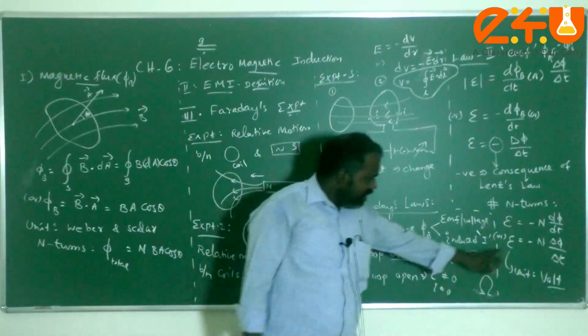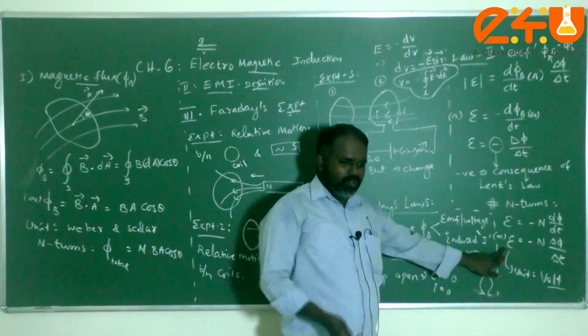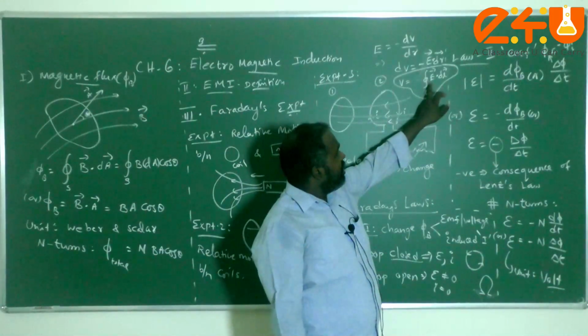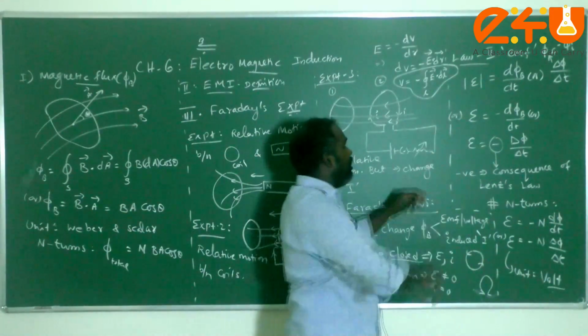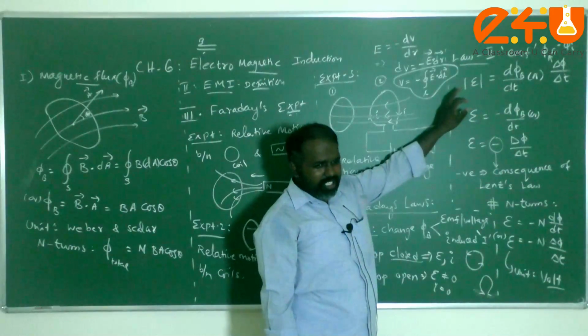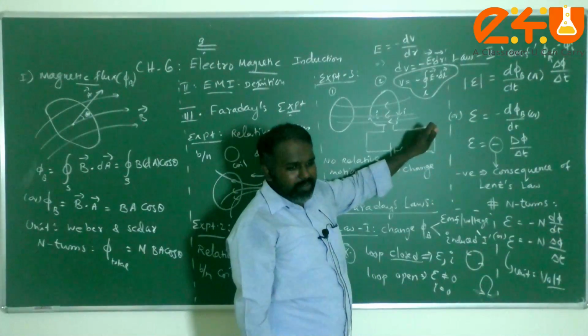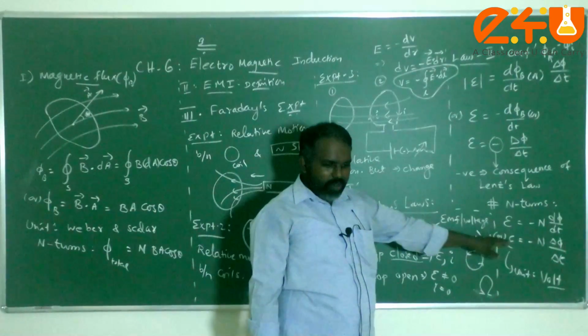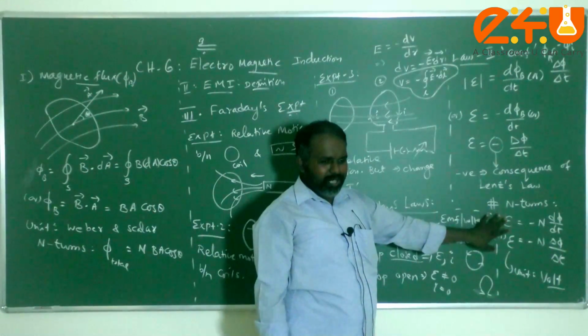So this E is nothing but the EMF or voltage. Therefore I can write that this voltage is the negative of the line integral of E dot dl. But there is a difference between the electric field denoted in electrostatics and what we are going to denote in the EMI lesson.